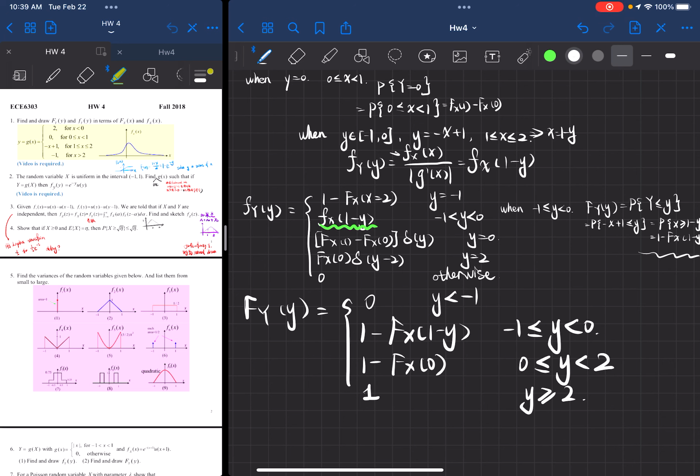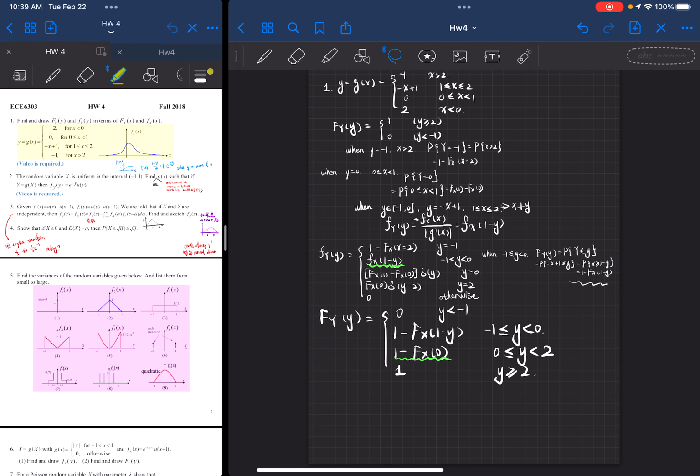Based on the property of the distribution function, it should equal 1 when y is greater than 2. So when y is from 0 to 2, we just use 1 minus the value at y equals 2. This is how we get this value, because in the part from 0 to 2, the density function of y equals 0.